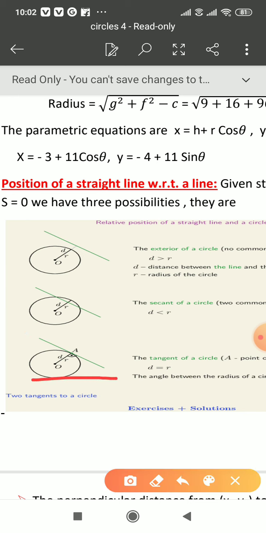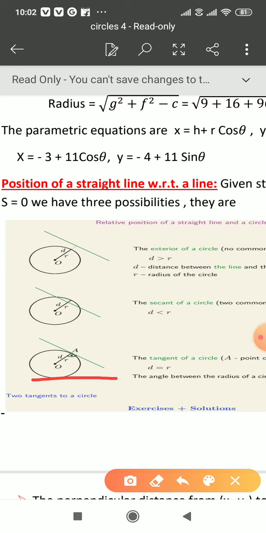Okay, these are the three positions of a line with respect to the circle. If the distance d is greater than the radius, the line is exterior to the circle. If the distance d from the center to the line is less than the radius, the line is a secant of the circle; there are two common points.